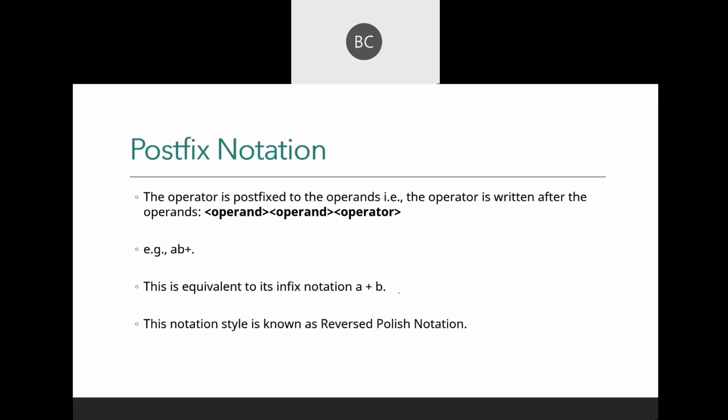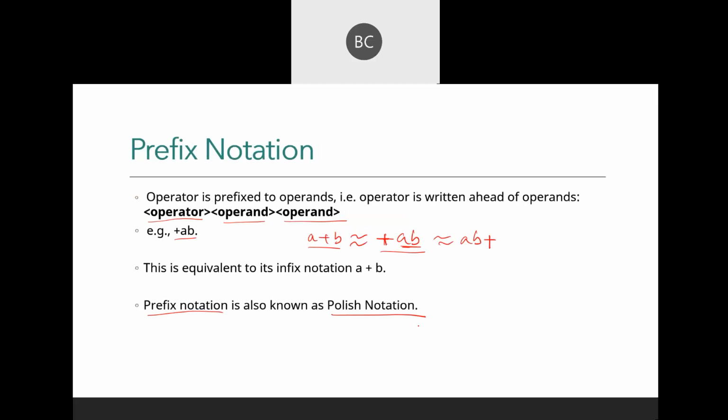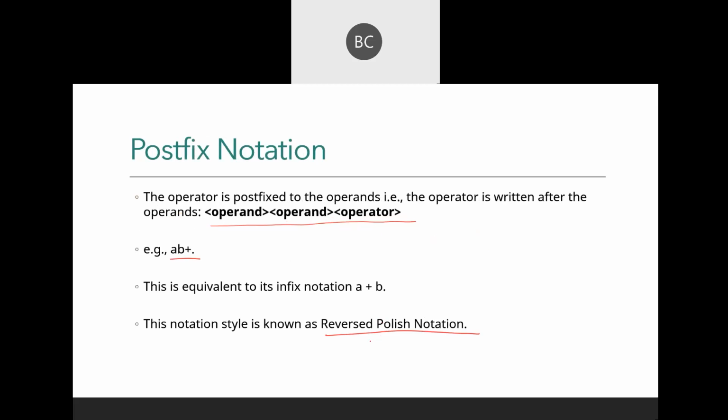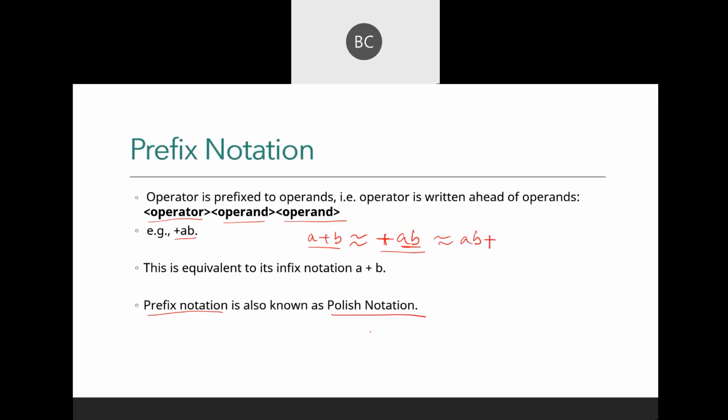Next is the postfix. I already mentioned it will be operand, operand, and operator. That means whatever operator you have, mathematical symbols, plus, minus, divide, into, will come after the two operands or three operands like that. And this one is known as reverse Polish. Polish means prefix, reverse Polish means postfix. So these are the three expressions you have to know.